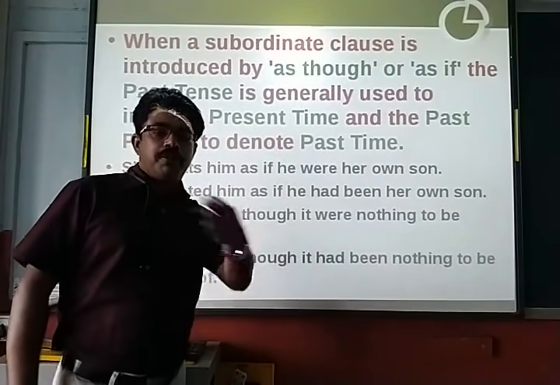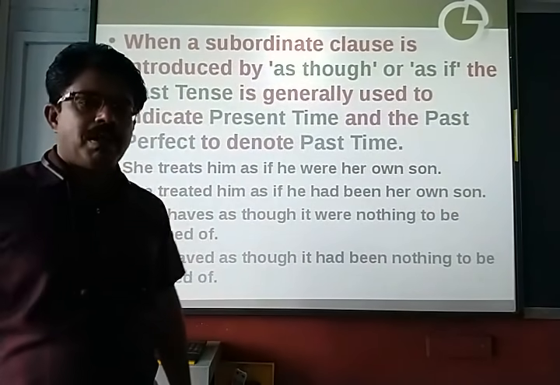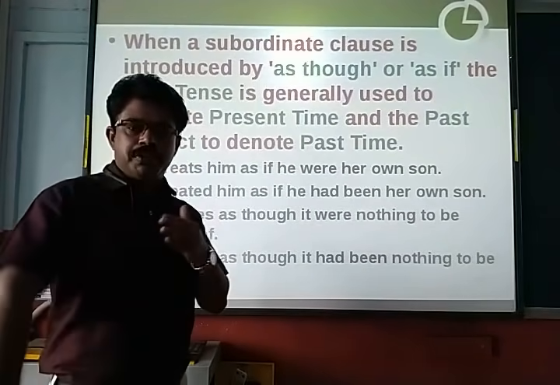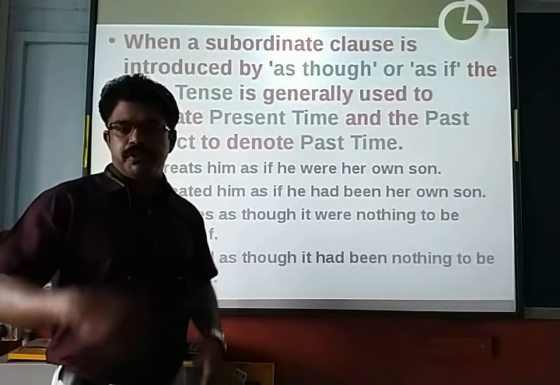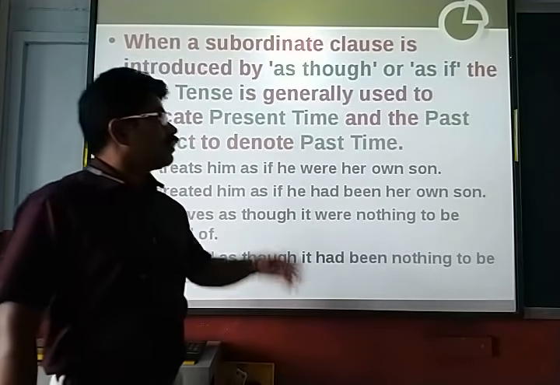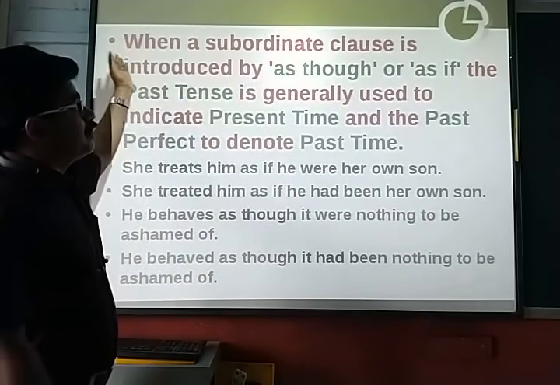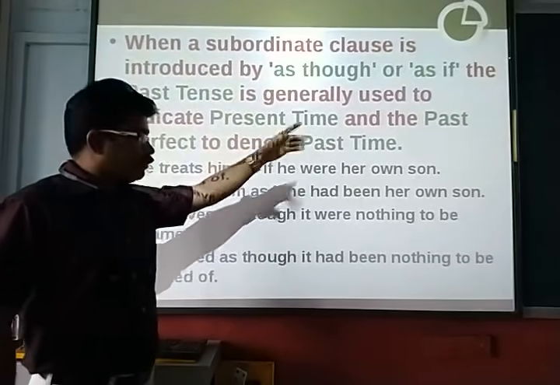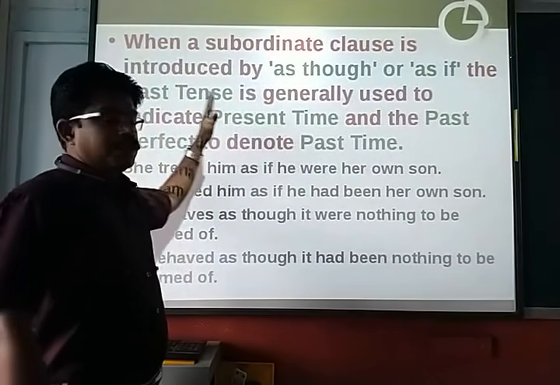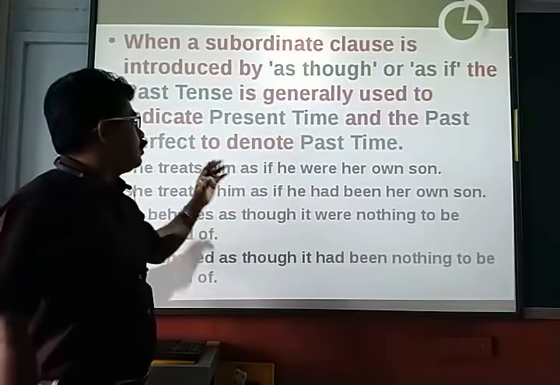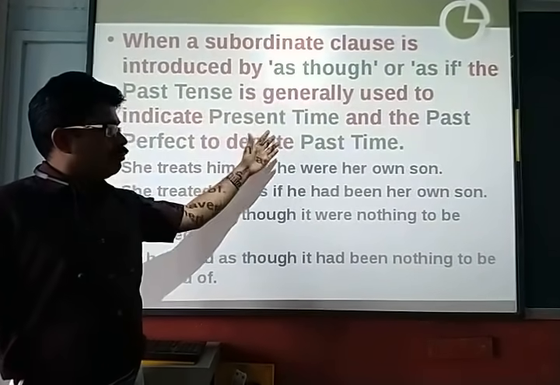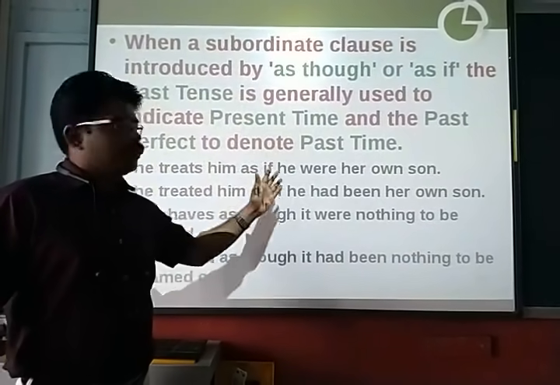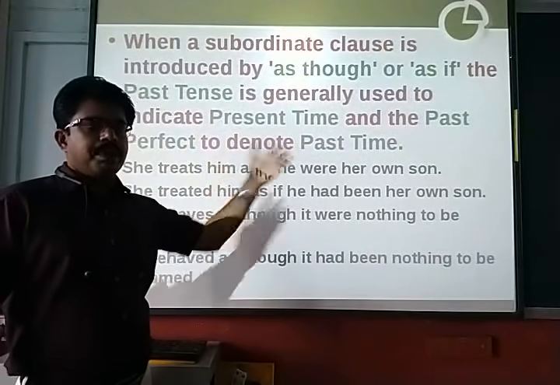So that is the exception given there. When a subordinate clause is introduced by as though or as if, the past tense is generally used to indicate present time and past perfect is used to denote past time.